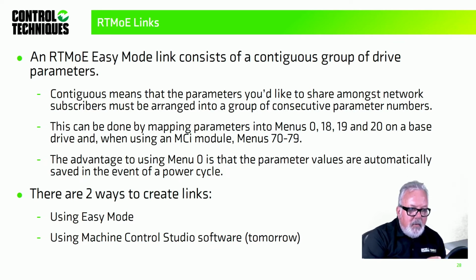The parameters that you want to use as part of one of these links have to be in a group of consecutive parameters. So you can do that by mapping parameters into menus 0, 18, 19, and 20 on a base drive. And when you're using an MCI module, you'll find that there are additional application menus 70 through 79. So let's have a look at that.